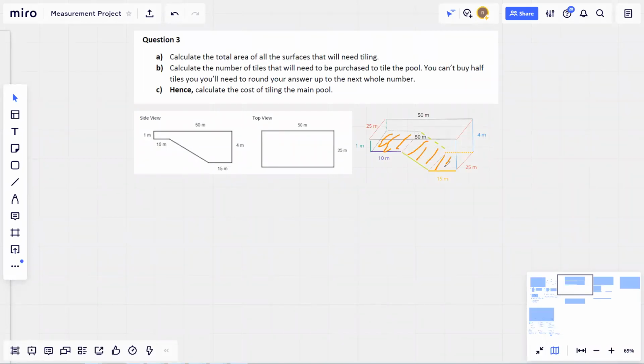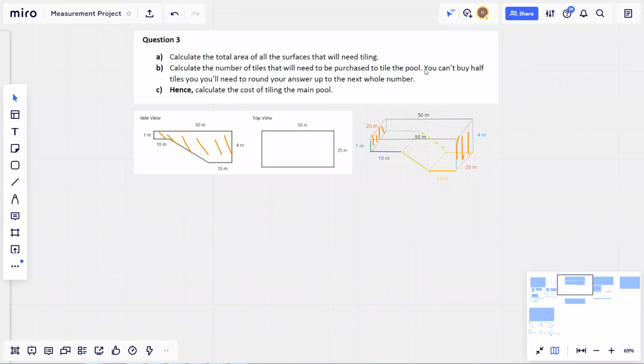We got the area down in question 1, and we also need to get the side view. So this is a side view. We need to get the area of this one as well. It's also been done in the first question, and we also need to get the third part, which is this one, and this one, because all the sides need to be covered with tile.